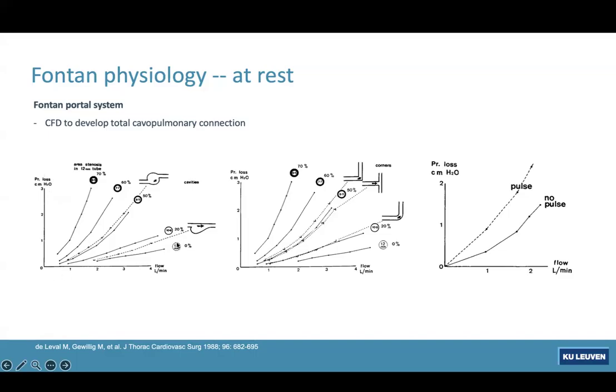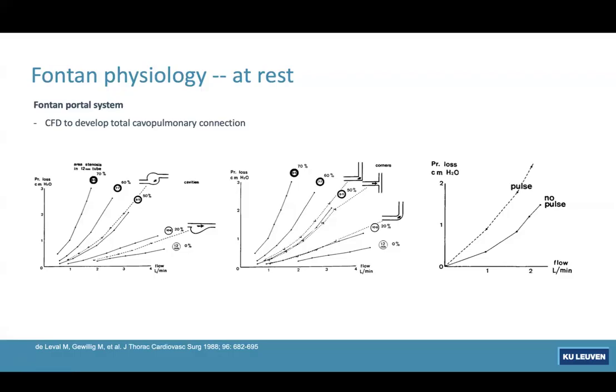And then, as you can see here, depending on different degrees of stenosis or obstruction in the Fontan conduit, and also in terms of different cavities that you may have in this Fontan portal system, a right atrium, for example, you see that your pressure loss will increase. The same is true depending on the type of corners that you have, and depending on having pulsatility or not having pulsatility in the Fontan circulation.